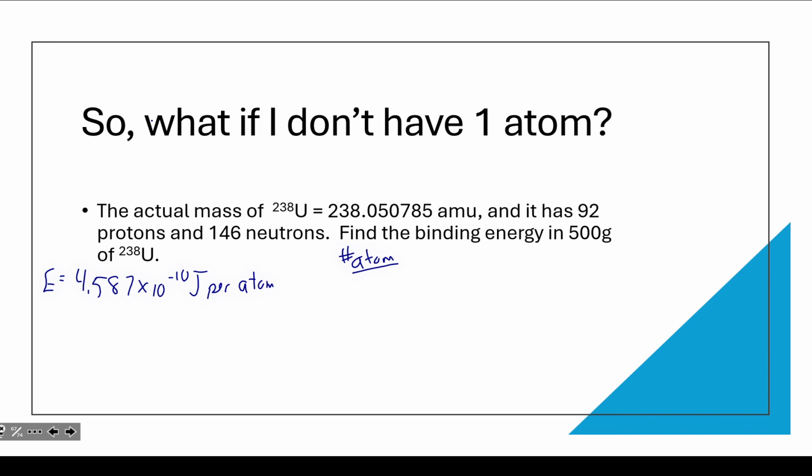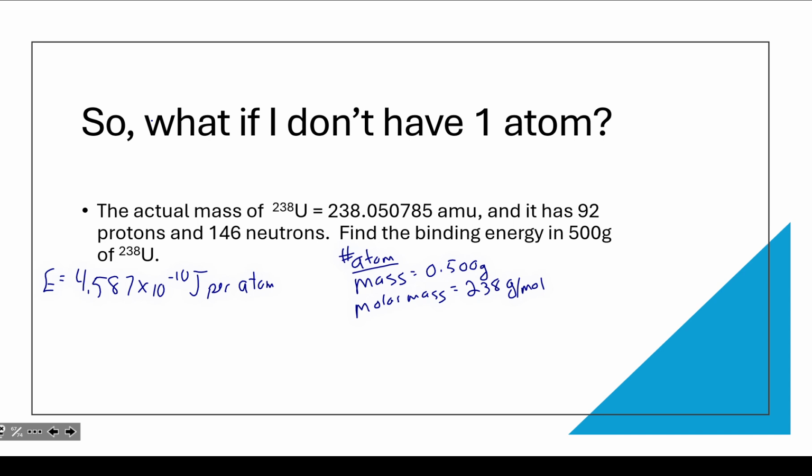So I have a mass of 500 grams. Now, the only thing I can relate it to is my molar mass. Luckily, it's really easy to find the molar mass of this because this is pure uranium-238, so the molar mass will be 238 grams per mole.